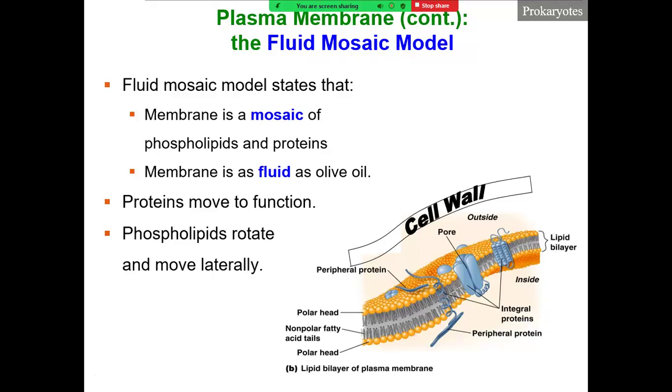Those of you who have had A and P know that some proteins have to move around in the cell membrane in order for them to function, like a receptor protein. Once they're bound to their ligand, they have to come together, and then they will be brought into the cell to give the signal. So that one receptor that is bound does not move into the cell and then send a signal to the cell.